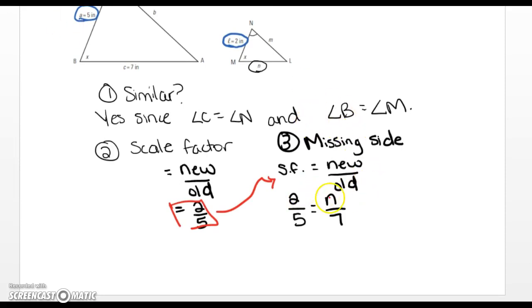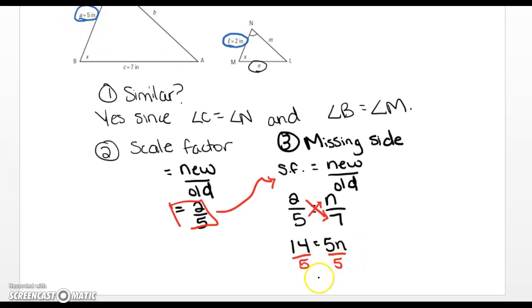Then you have two fractions that are equal to one another. So you're going to use cross multiplication to solve. So you have 2 times 7, which is 14, is equal to 5 times n, which is just 5n. Then we want to get n by itself, so we're going to divide by 5 on each side.